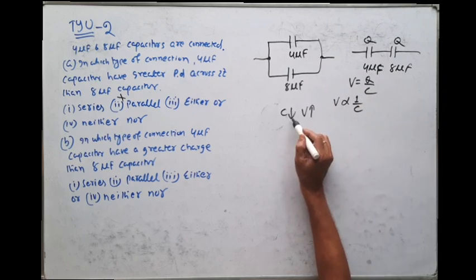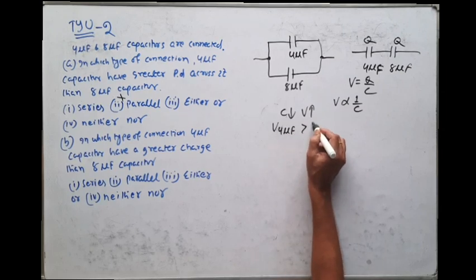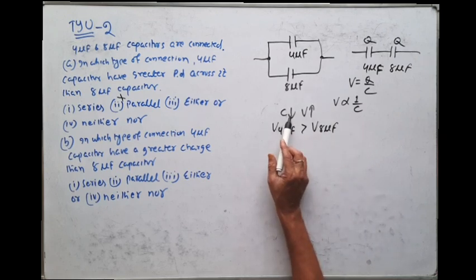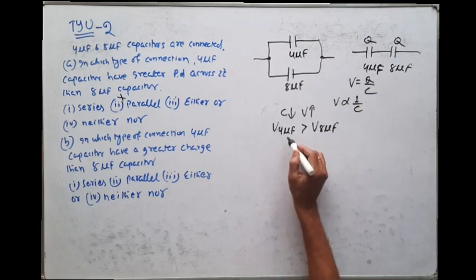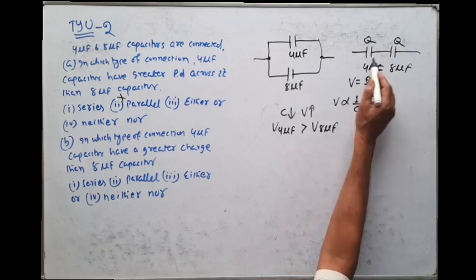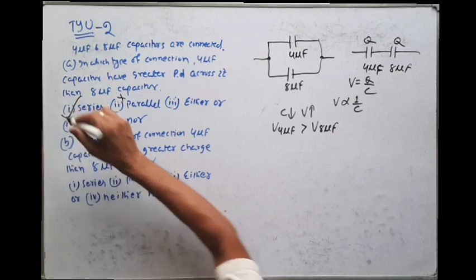So we can say potential difference across 4 microfarad is greater than potential difference across 8 microfarad, because with decrease in capacitance, potential increases. So this is possible in which case? Series case. So the answer is this.